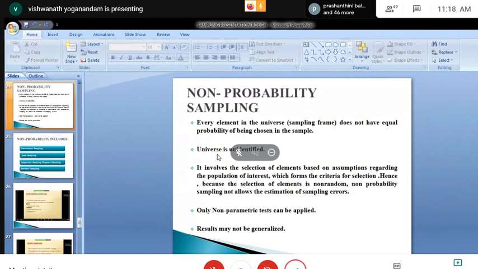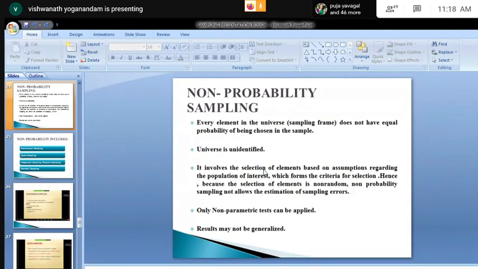And again, if you are using non-probability sampling, you should use only non-parametric tests, like Kruskal-Wallis and other tests. If you do it wrongly, if you use non-probability sampling and a parametric test, your paper is likely to be rejected, whether at peer review or at inspection, they will easily identify that your concepts are not clear.